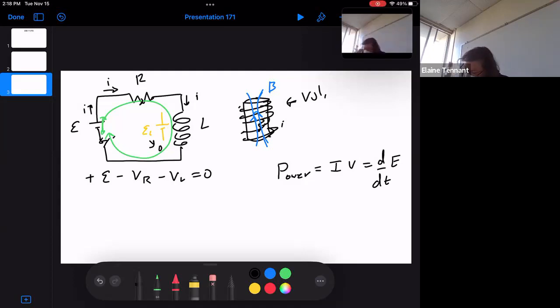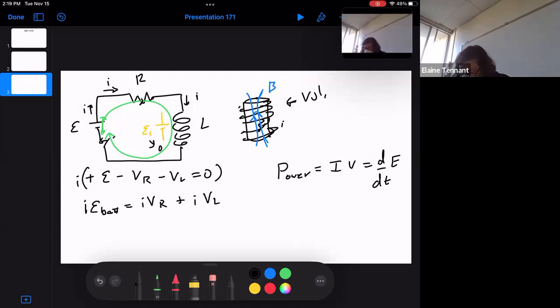So let's multiply through by just whatever current's going through my circuit. So I have current times the battery voltage. I'm going to put everything else on the other side just so I have it. I have current times the resistor voltage plus current times the inductor voltage.